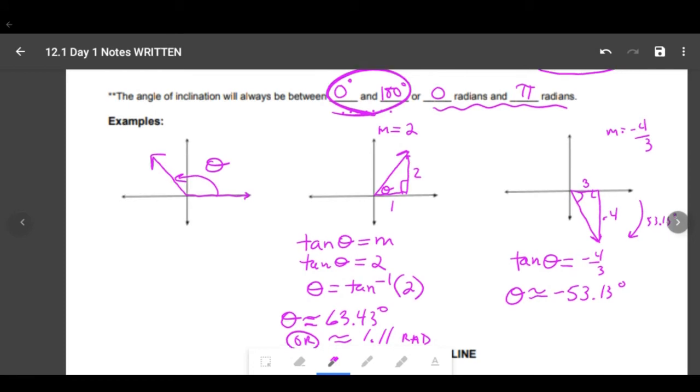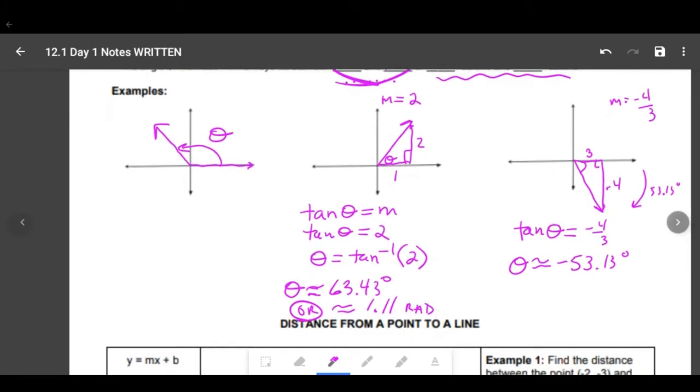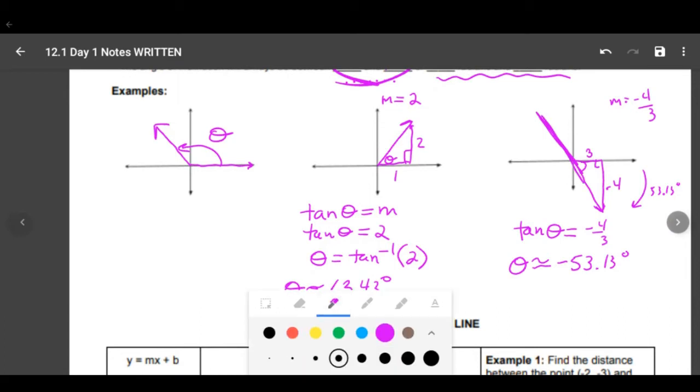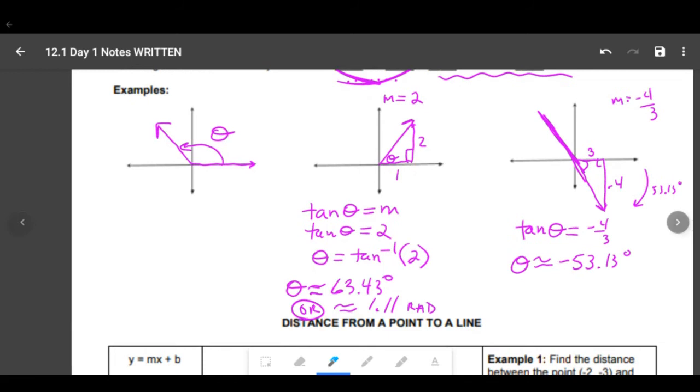So what I have to do for that is, instead of going down to the right like you would with the negative angle typically, I go the exact opposite direction, and I have to find this angle instead. This is what I need, because that will be between 0 and 180 degrees.